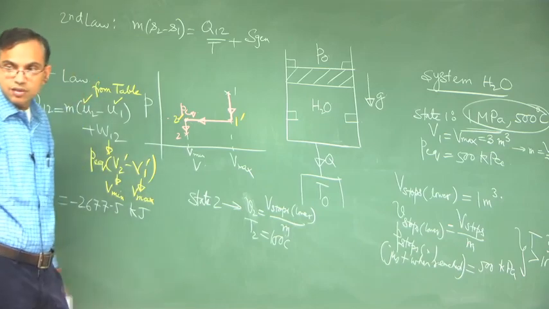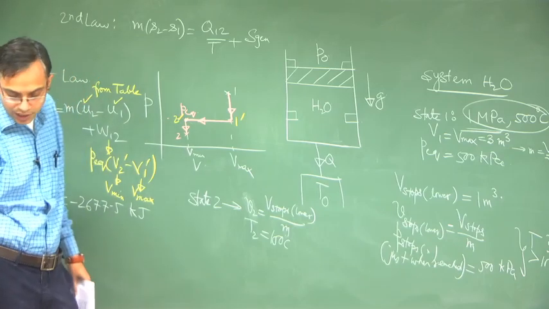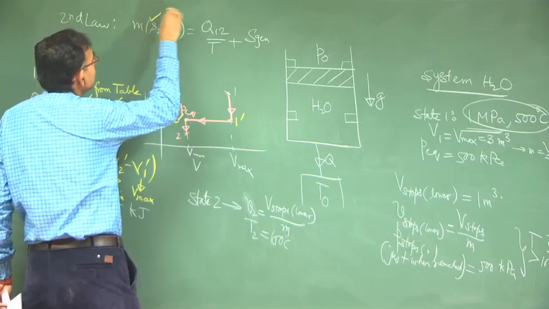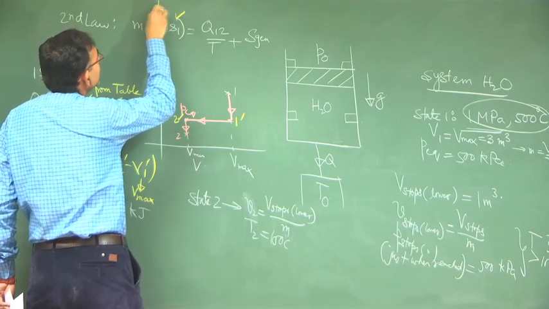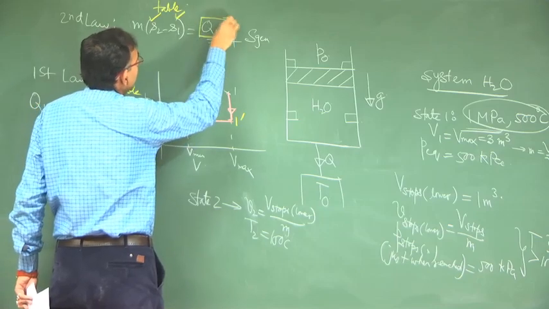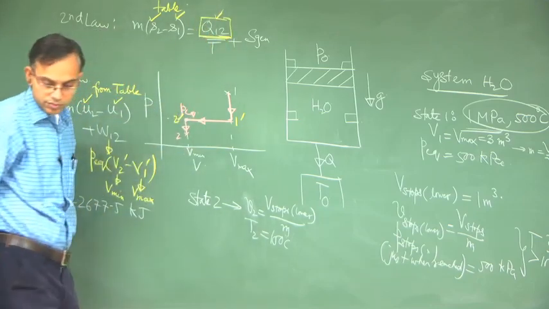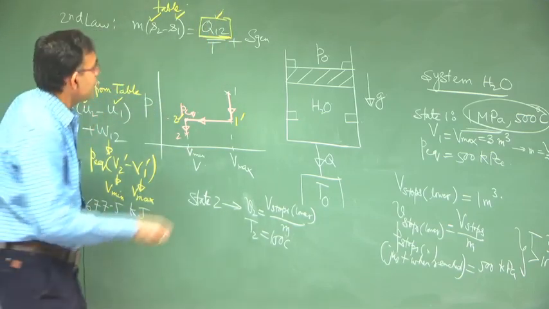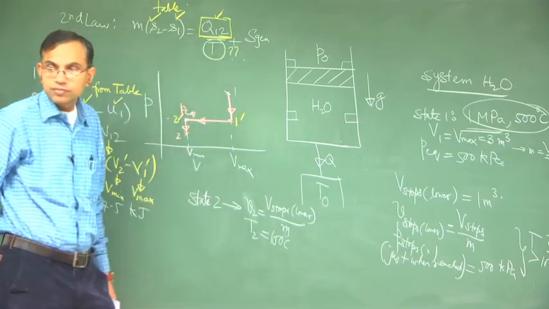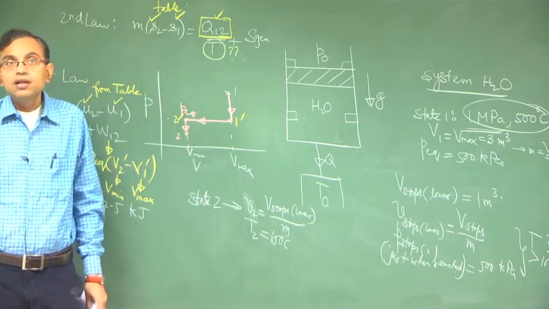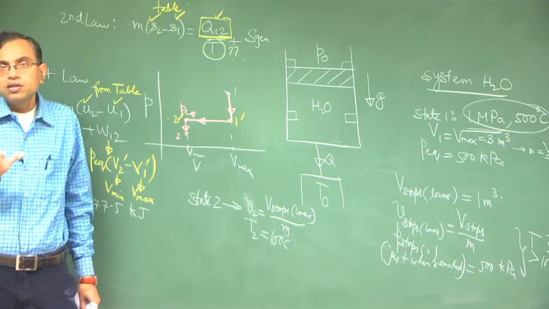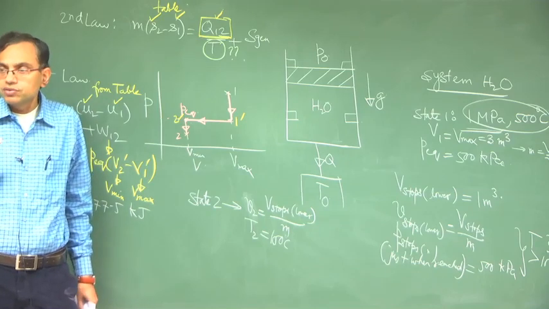Now, the big question is, see, everything we know, S2, S1, these are from table. Heat transfer also we have calculated from first law. The big question, and I will discuss a little bit about that, is what is this T? Well, this is a very important question. It depends on what you want to find out.